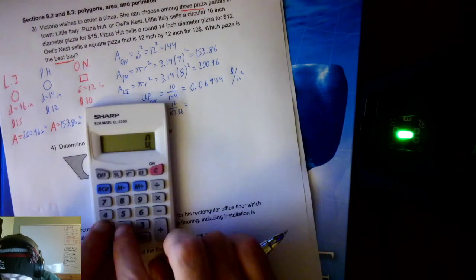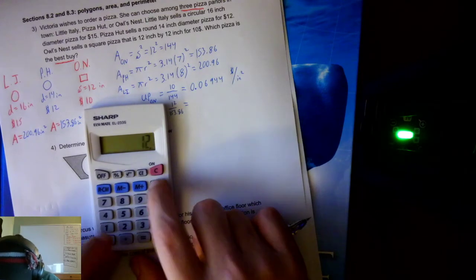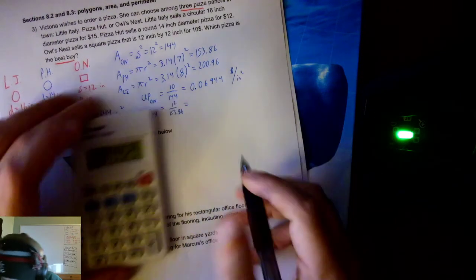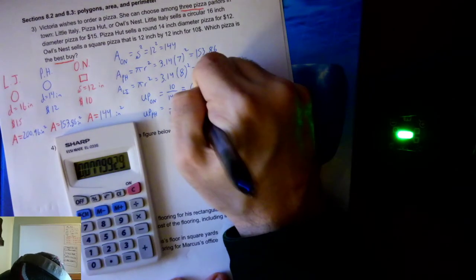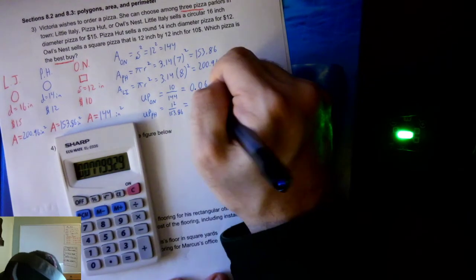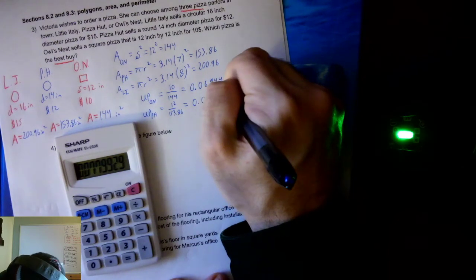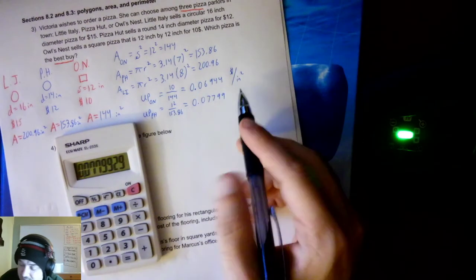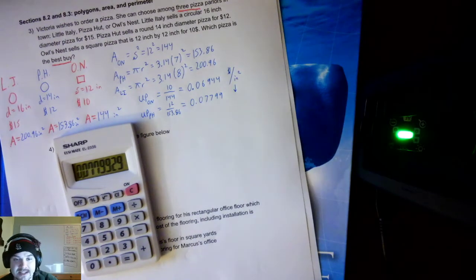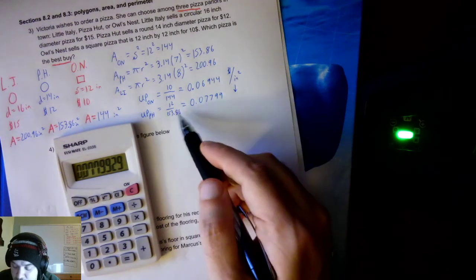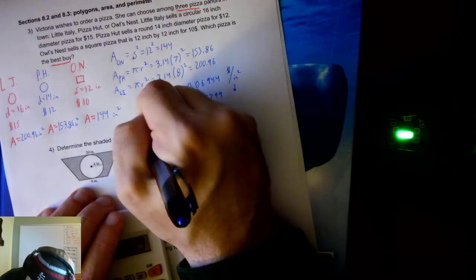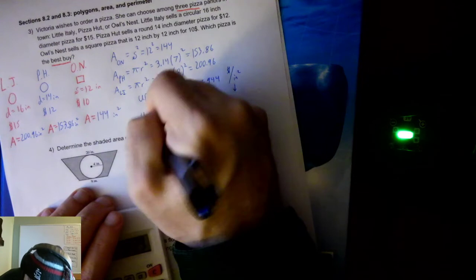I'll have to do $12 divided by 153.86, which gives me 0.07799. The unit will be the same, so maybe I'll just put an arrow to say the unit's the same, because it's dollars per inch squared, right? Dollars per inch squared.